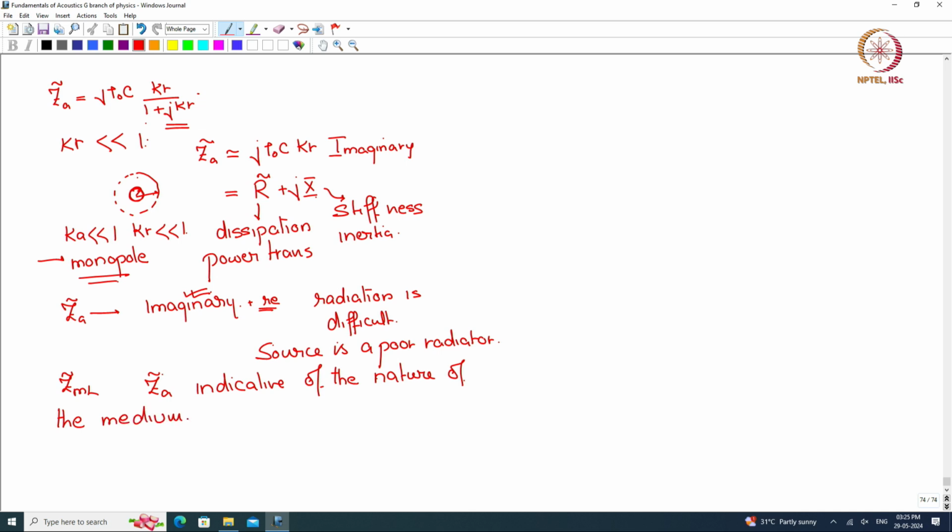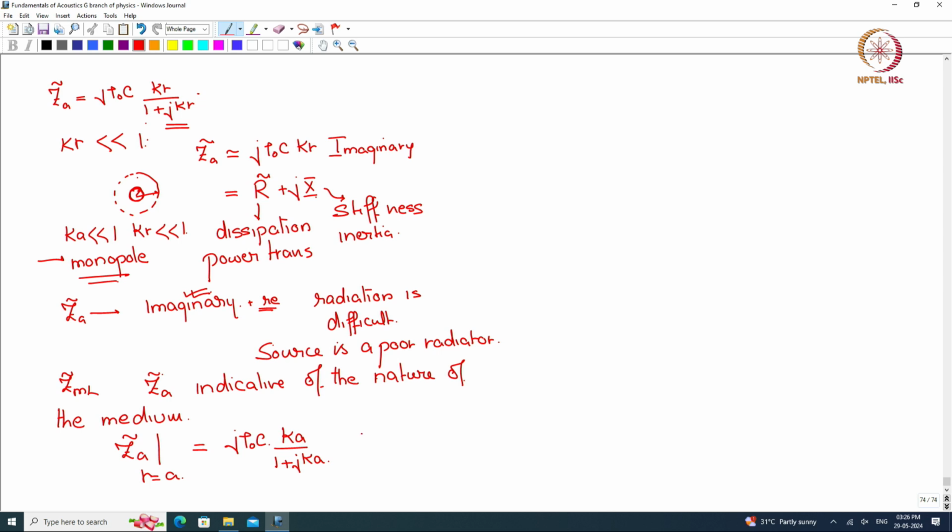If we specialize this to the surface of the sphere, then what we get is j rho 0 c Ka by 1 plus jKa.